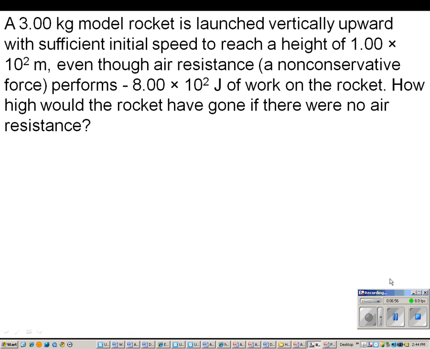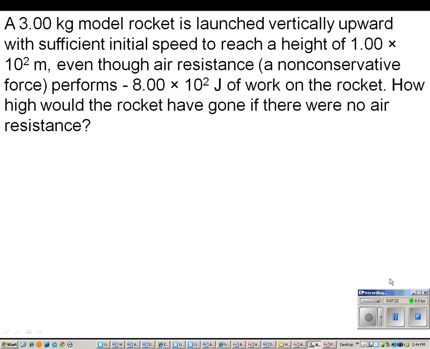The answer to this is 127 meters. And the way you can figure this out is just take the 800 joules that the non-conservative force did and use potential energy equals mass times gravity times height. So it would have gained an additional 800 joules of potential energy. That 800 joules would have equaled mass times gravity times height.